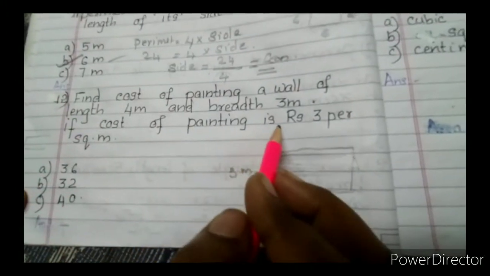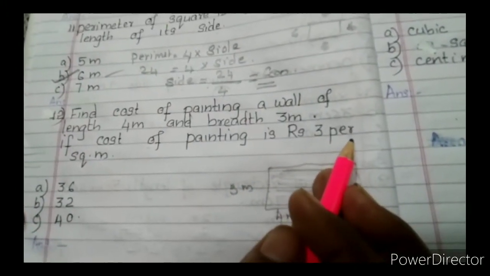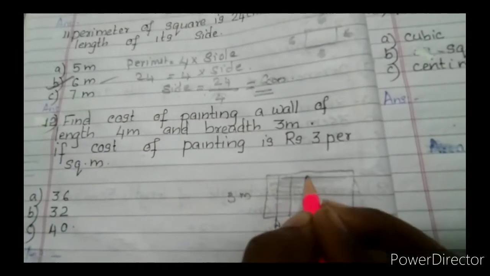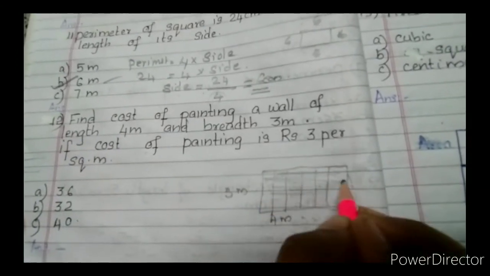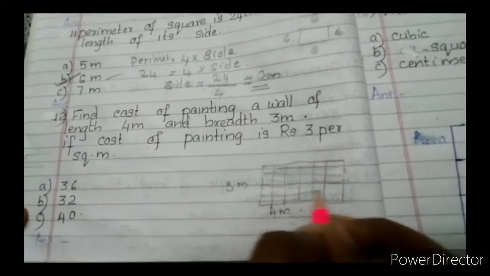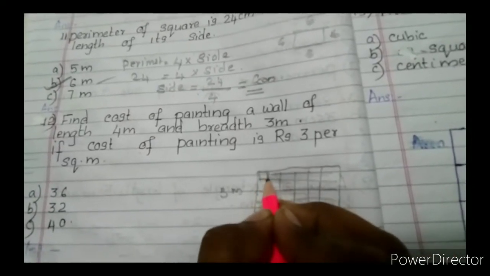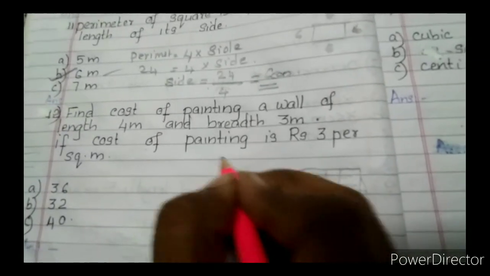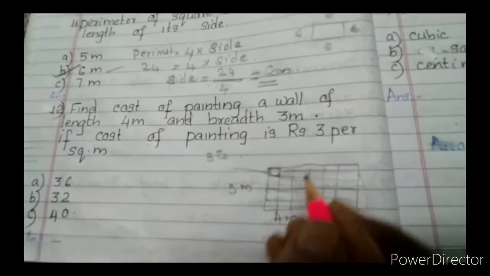Then, if cost of painting is rupees 3 per square meter, it means for 1 square meter the cost is 3 rupees.